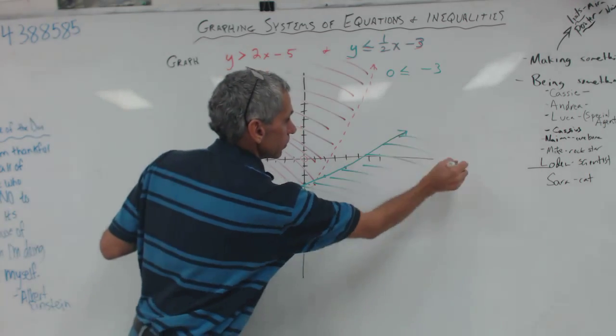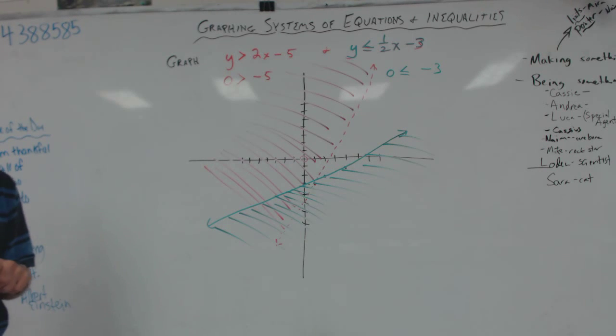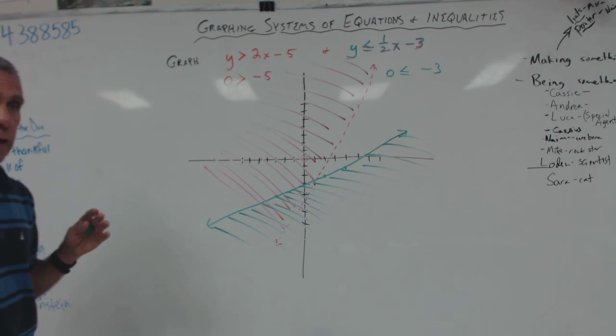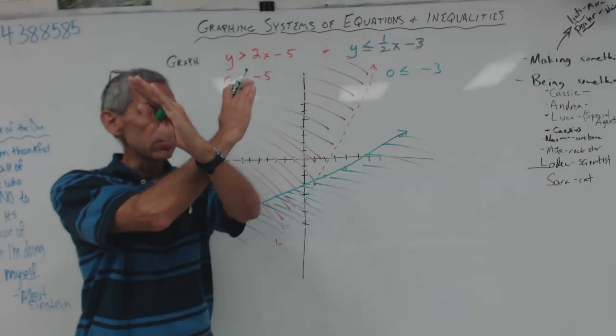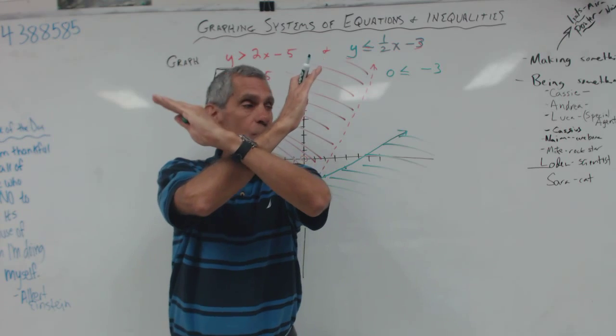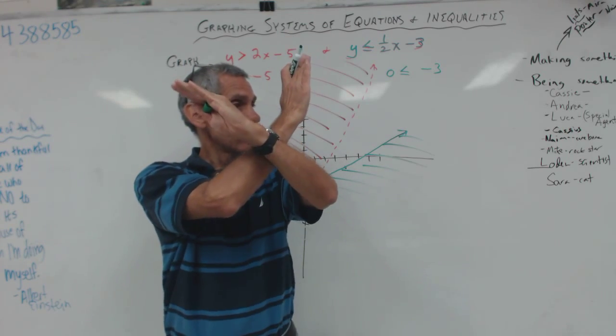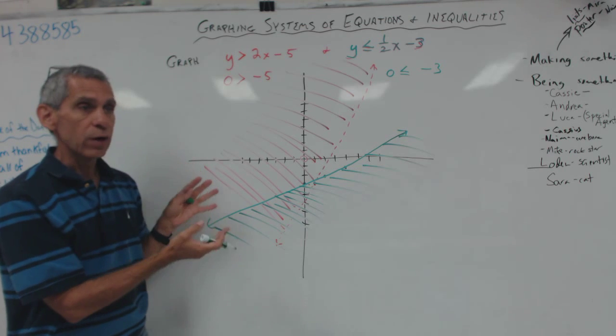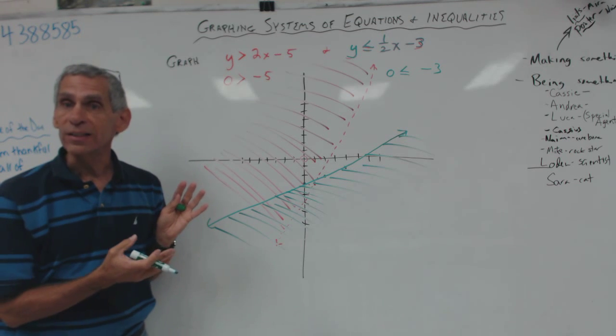Now, where's my solution? Remember with systems of equations, it's where they both share the same point, right? With systems of inequalities, where do they both share the same points?